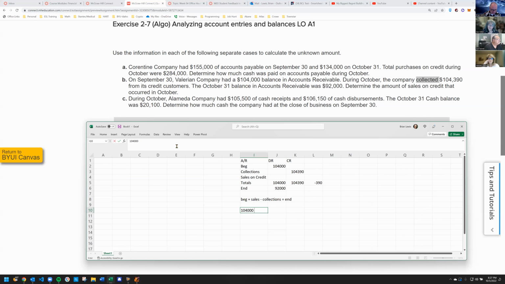I don't know my sales. I do know my collections. And I do know my ending. Okay, now that I've got the math, so solve for X equals minus 104.